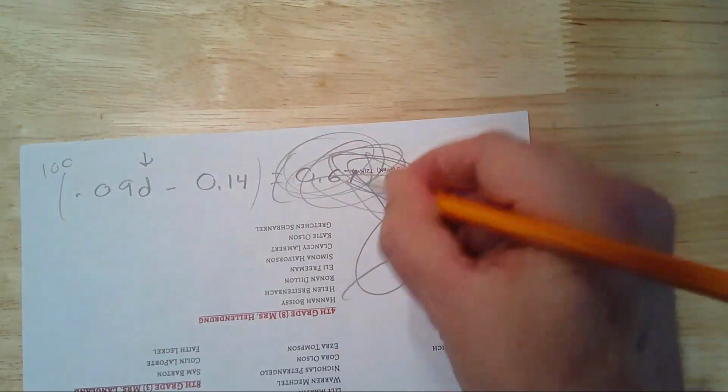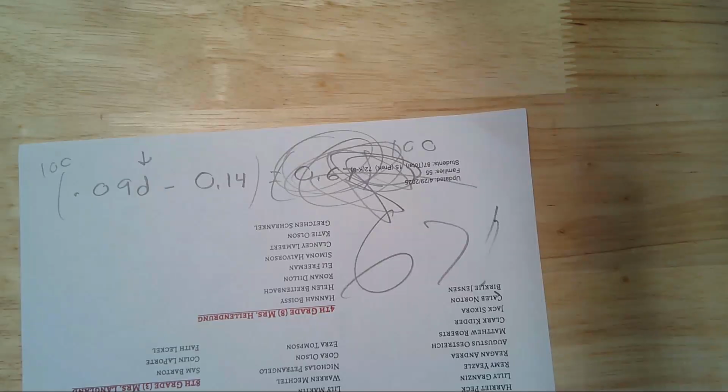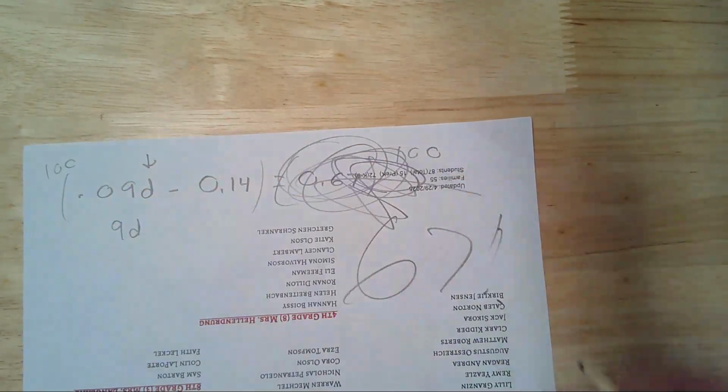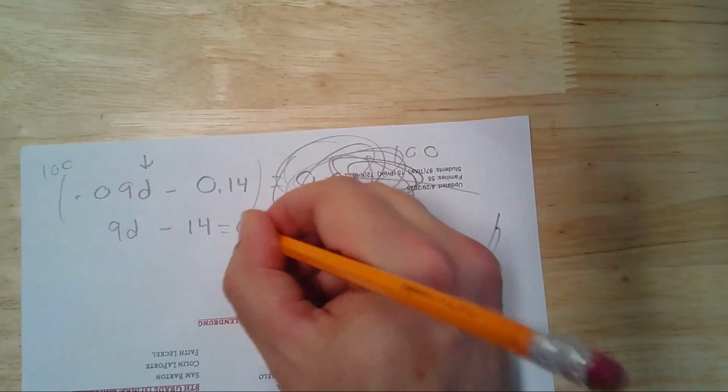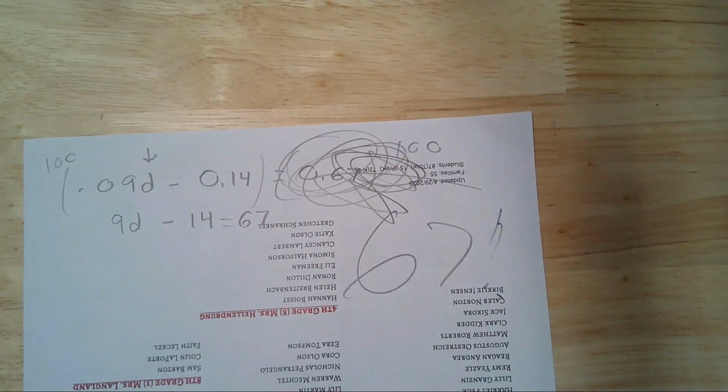So I multiply all 3 terms by 100, and it just moves the decimal 2 spots to the right. So this goes 2 spots to the right, now I got 9. This goes 2 spots to the right, now I got 14. And this goes 2 spots to the right, now I got 67.